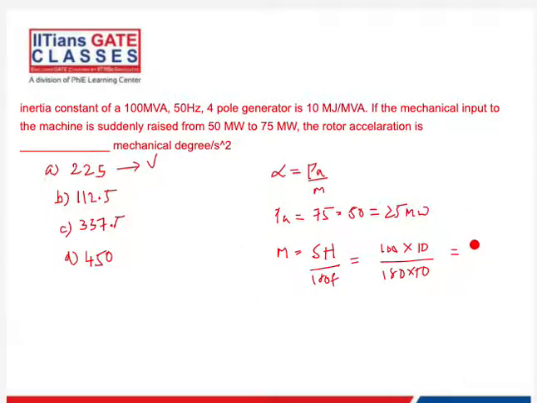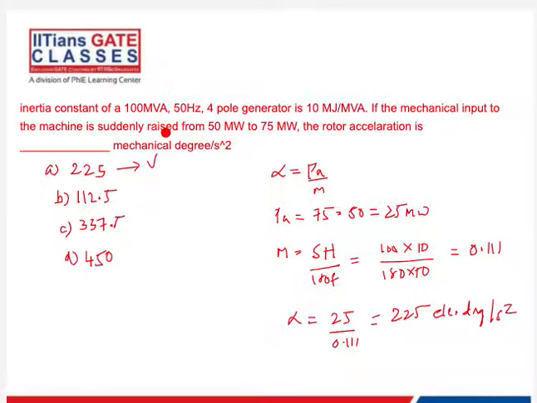So I think you will calculate this as 0.111. So what is alpha? 25 divided by 0.111. You get it as 225 electrical degrees per second square.